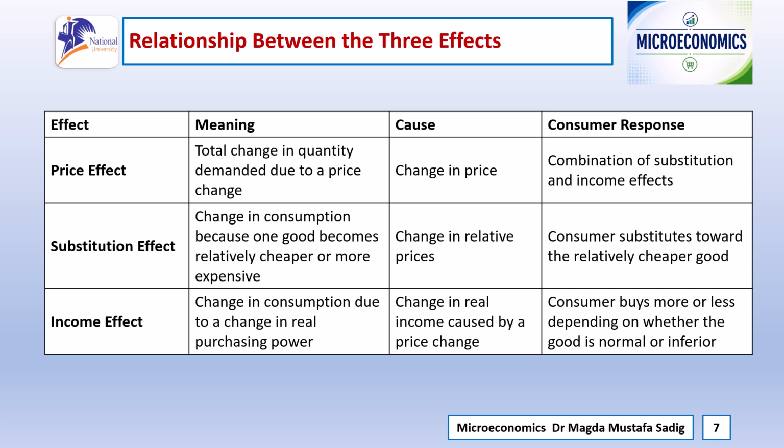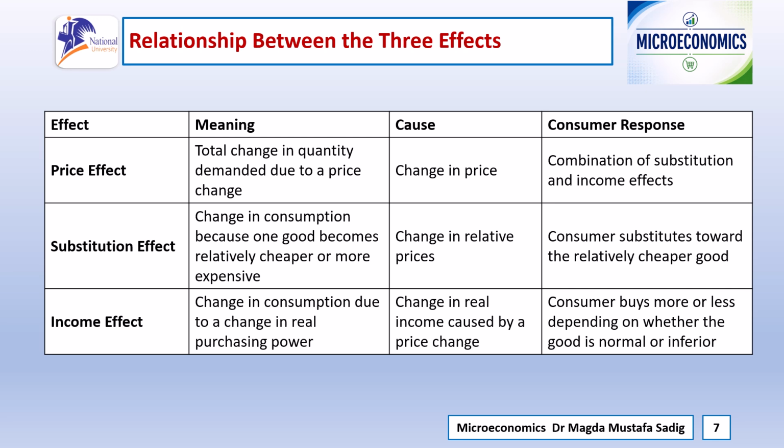Let us come to the relationship between the three effects. Let us compare the three concepts. The price effect is the overall change in quantity demanded, while the substitution effect occurs because one product becomes relatively cheaper or more expensive. The income effect occurs because purchasing power changes after the price changes. Think of it this way.